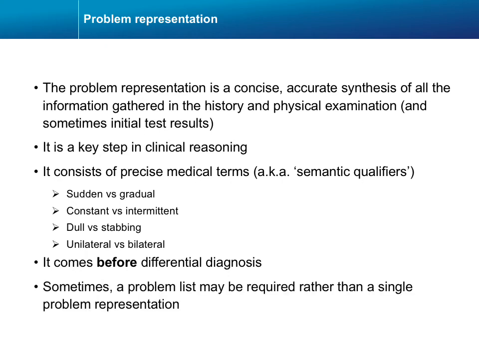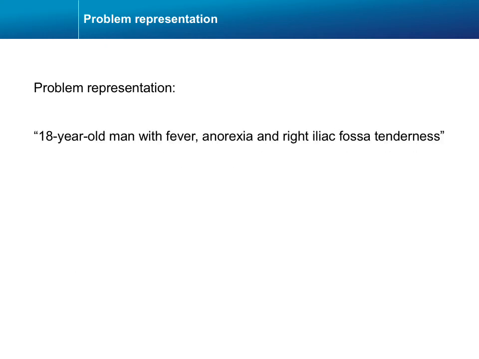And sometimes, for example, in elderly patients, the problem representation needs to be a problem list because there's more than one thing going on. But if we go back to our patient, this would be a problem representation. In summary, this is an 18-year-old man with fever, anorexia, and right iliac fossa tenderness.